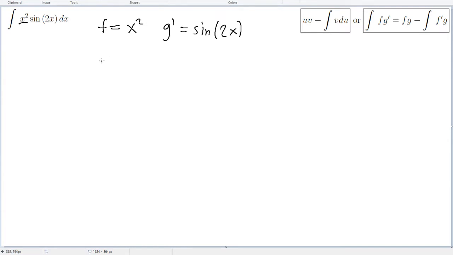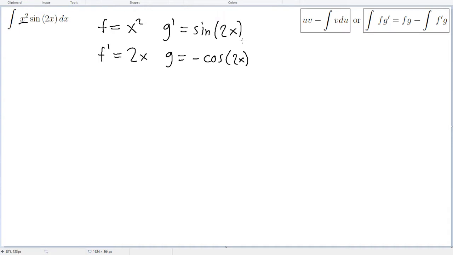When I derive x squared, you get 2x. When I integrate sine 2x, you should get negative cosine 2x.